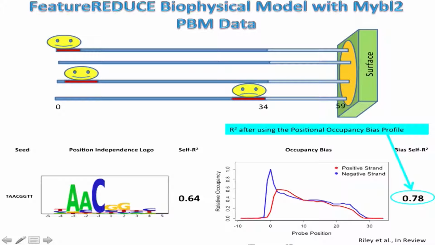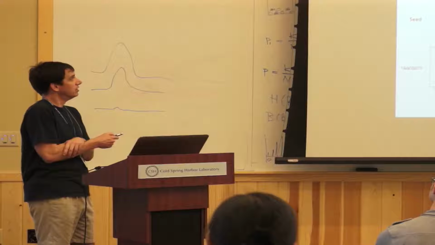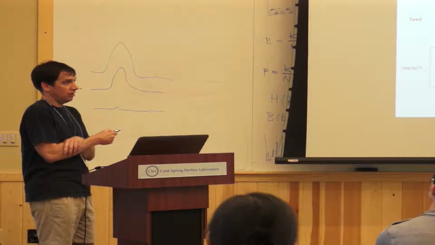Okay. And actually, in this example, it changed a lot because if you don't take in this bias effect, you can see that all the binding that occurs here at the free end, you can have lots of point mutations in the highest affinity site, it doesn't even matter.